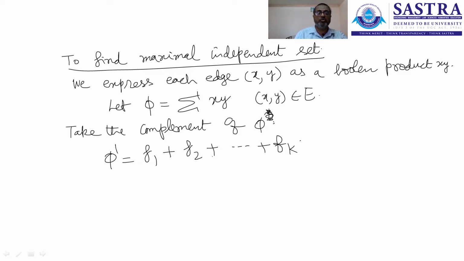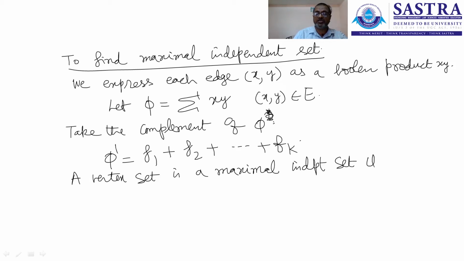Now I have a vertex set. A vertex set is a maximal independent set if and only if phi is equal to 0, because you should not have both the vertices x and y in this independent set. So phi has to be 0.